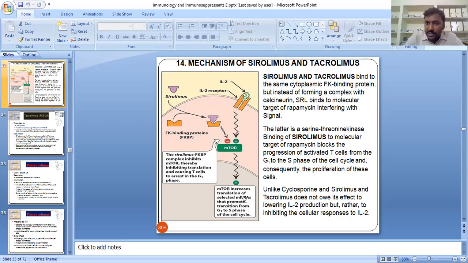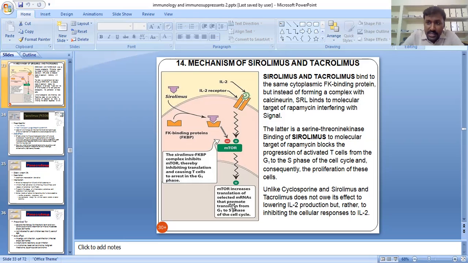What is its function? It increases the translation of selected mRNAs that promotes a transition from G1 to S phase of the cell cycle. So cell proliferation is regulated by the MTOR, mammalian target of rapamycin.